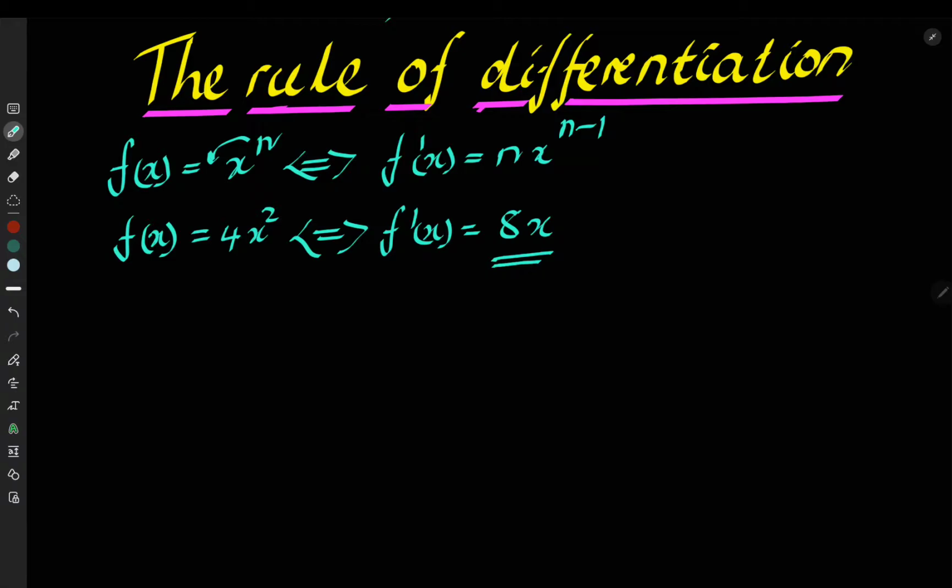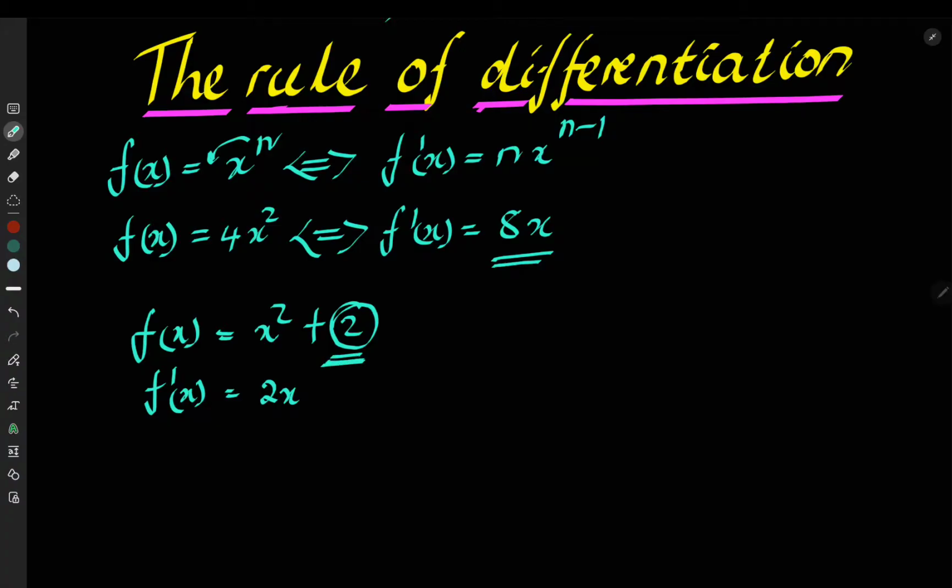However, one thing that you need to know about the rule of differentiation is that the derivative of a constant is 0. So if you have a function of x equal to, let's say, x squared plus 2, the derivative of that constant here is 0. So the derivative of this will just be equal to 2x, because the derivative of a constant is 0.